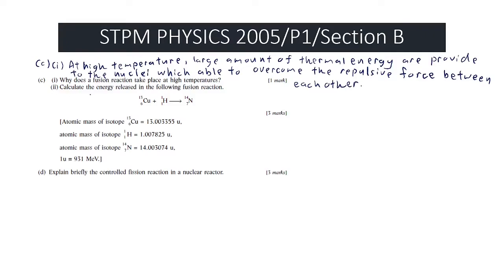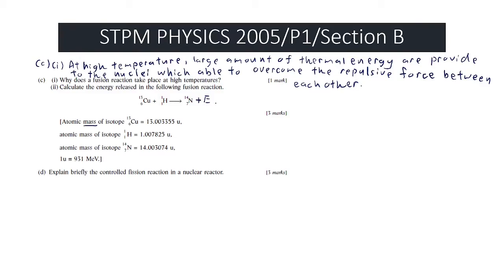And C2, calculate the energy released in the following fusion reaction. In this case, the formula of the reaction is given, and we can add a final product here with a certain energy E. But of course, here it is given by mass, so we have to make this all in terms of mass.